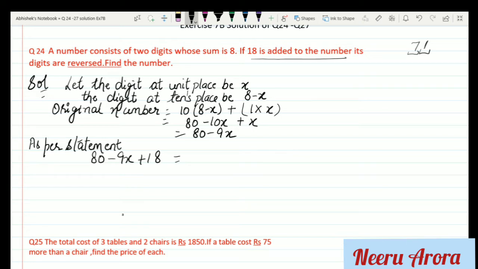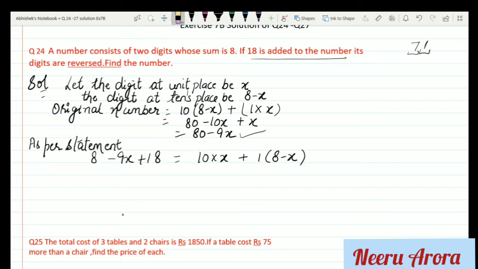Digits reversed means the digit at unit place will now become the tens digit, and the digit at tens place will now be at the unit place. So what we earlier multiplied by 1, we'll multiply by 10, and what we multiplied by 10 will be multiplied by 1. So here we'll add this.